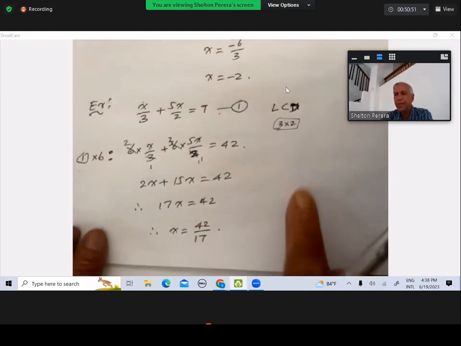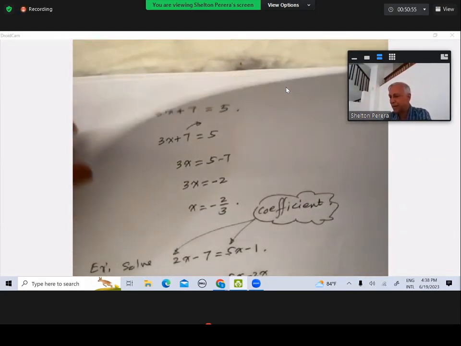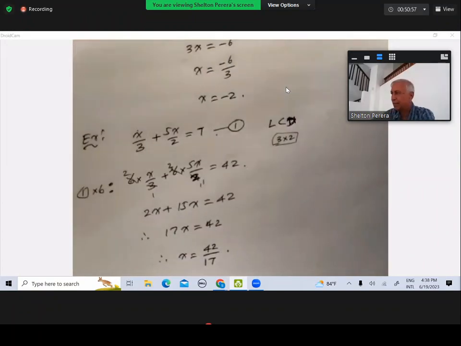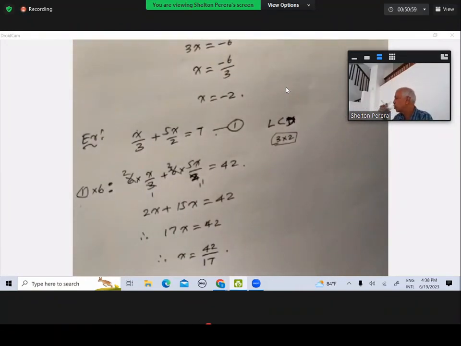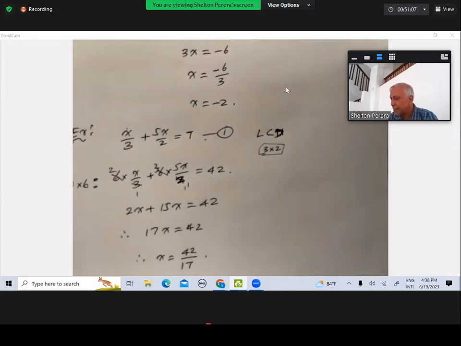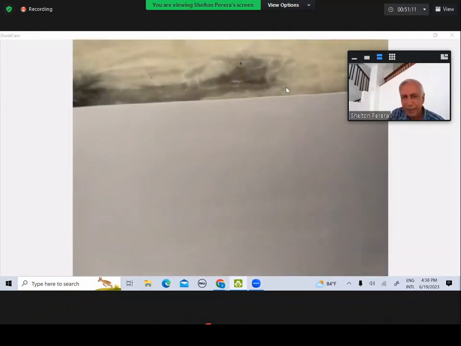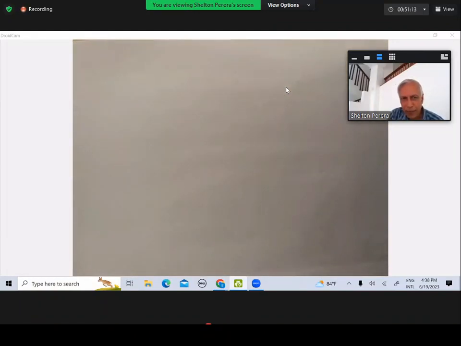I did it this way because the next problem is an interesting one. These are just a very basic review of solving equations done at lower grades.